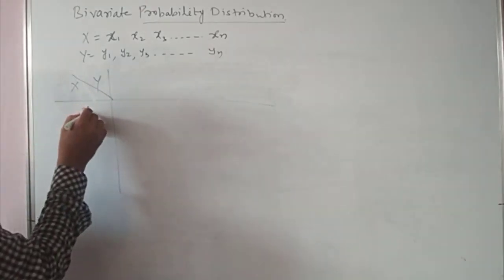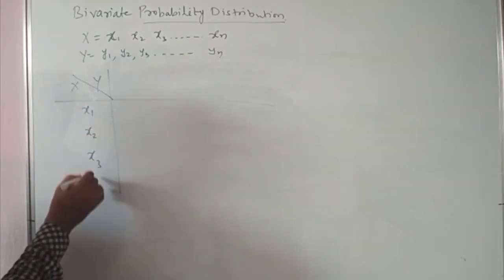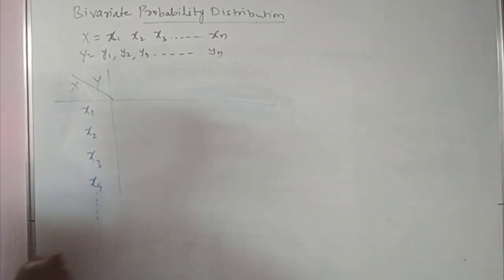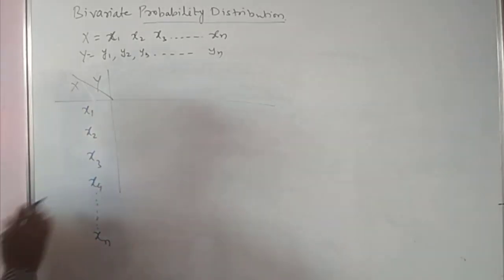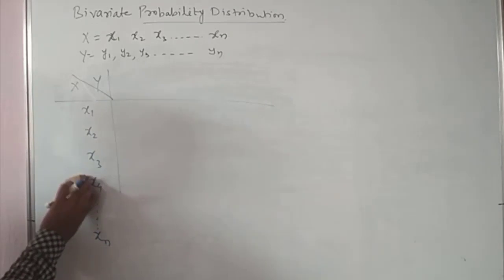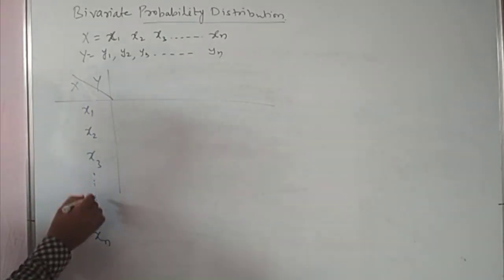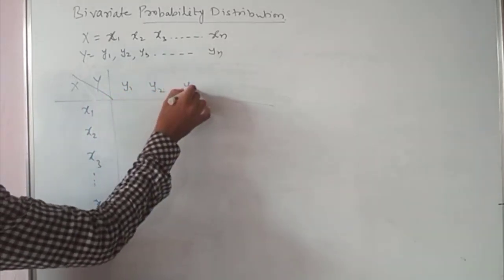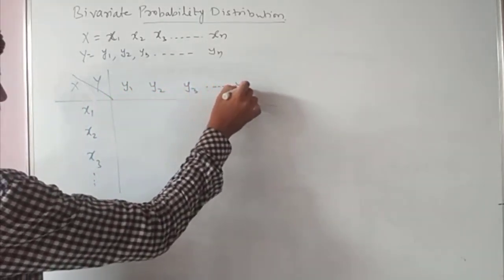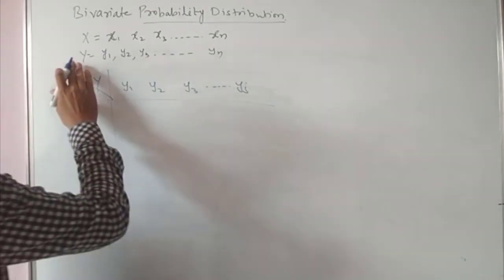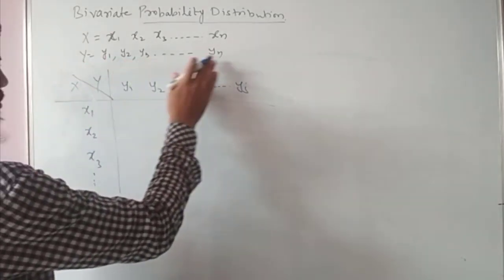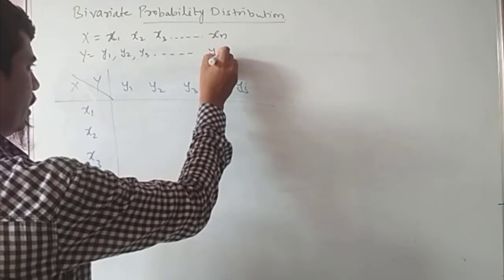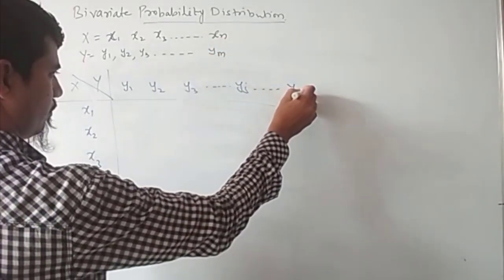Here x takes values x1, x2, x3, x4 and so on, xn, somewhere here xi, and here y1, y2, y3 and so on, yj. For simplicity, assume that y takes values y1, y2, y3 and so on, up to ym.